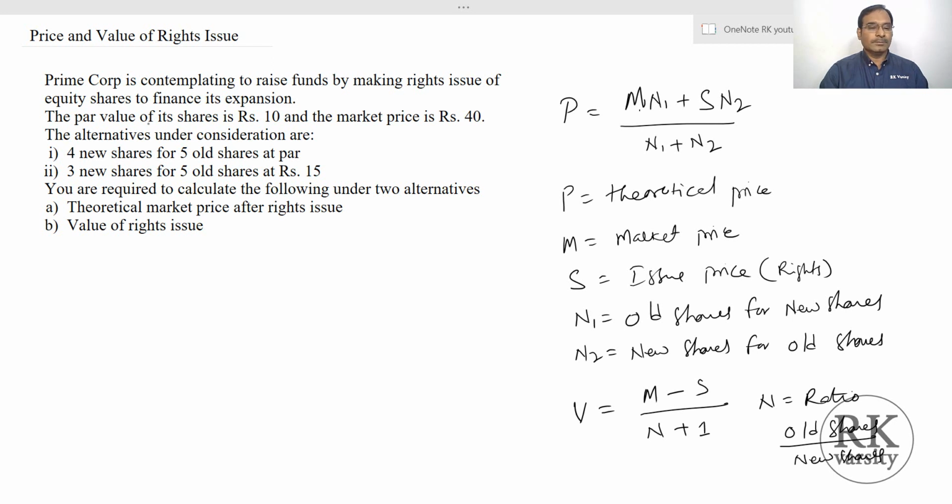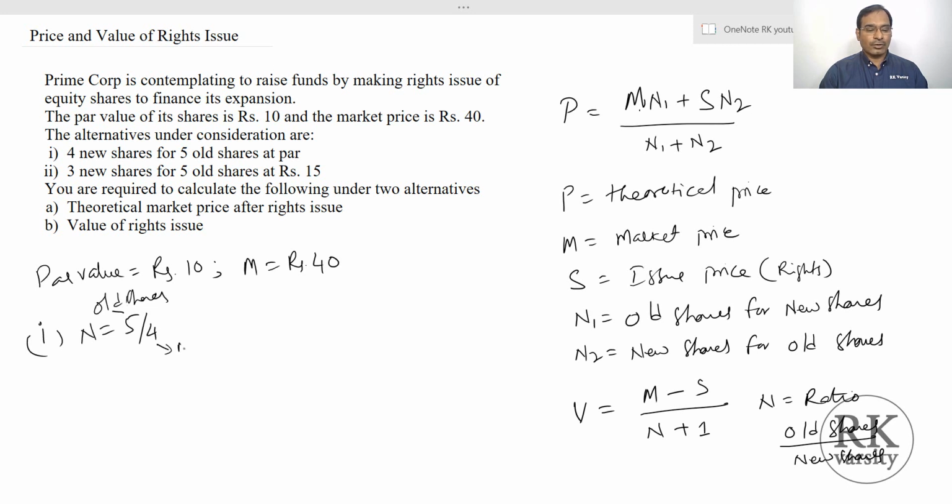Here is a problem. Prime Corp is contemplating raising funds by making a rights issue of equity shares to finance its expansion. The par value is rupees 10. The market price, that is M, equals rupees 40, and it is considering 2 alternatives. One is 4 new shares for 5 old shares, that is in case of alternative 1, N equals 5 upon 4, where 5 is old shares and 4 new shares.